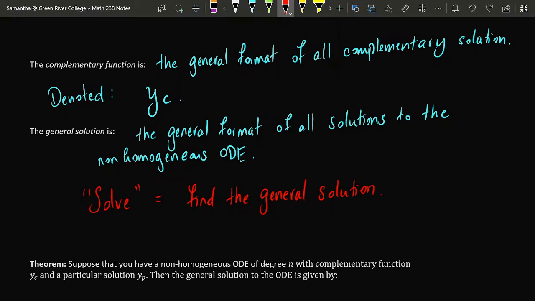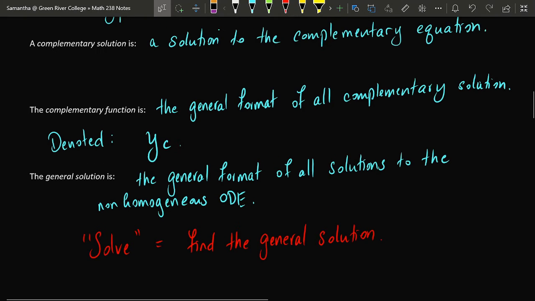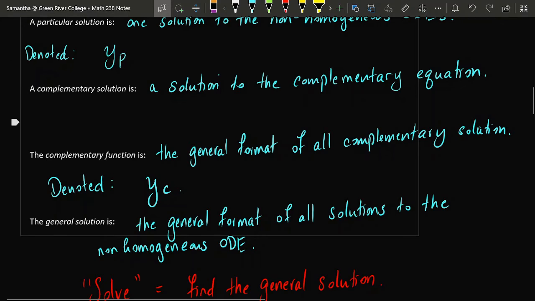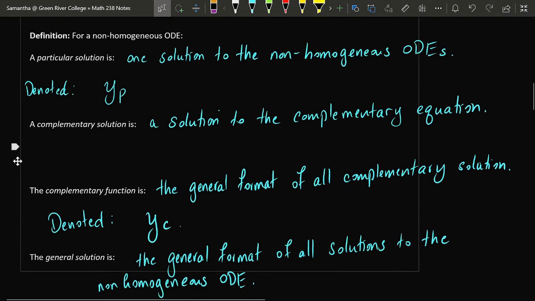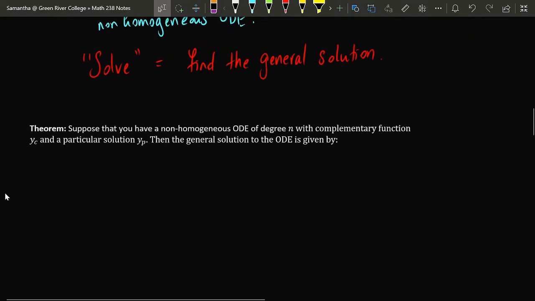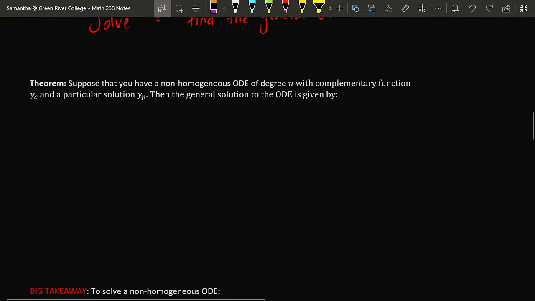So if the general solution is all that we care about, why did we introduce all of these other pieces of terminology? The reason is in the following theorem. So you've got a non-homogeneous ODE. You've got a complementary function called y sub c. So you know what the solution to the equation would be if the right-hand side were equal to 0. Then you've got one particular solution.